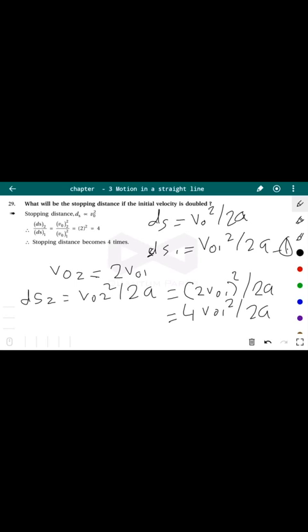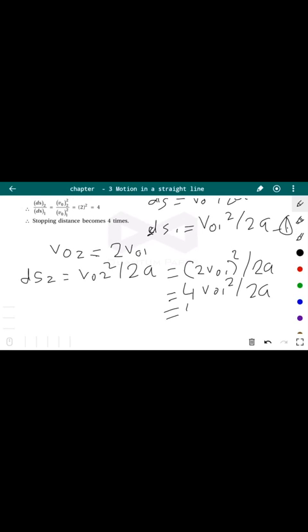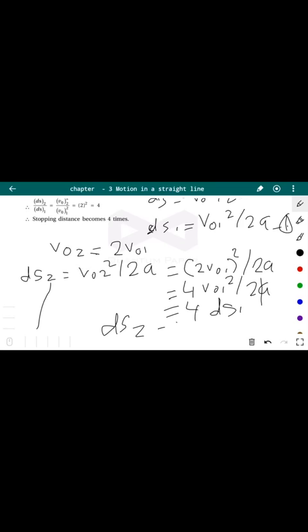So this equation can be written as 4 into v01 square upon 2a, which is nothing but ds1. So ds2 is equal to 4 ds1.